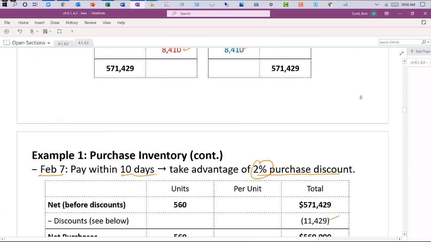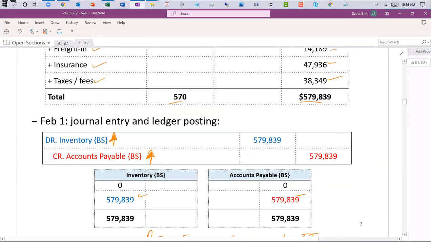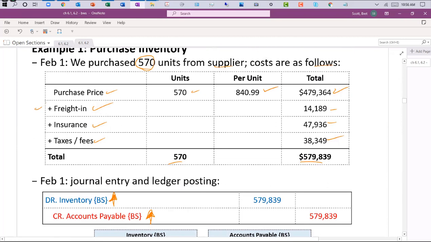So this brings up a point that someone had talked about in previous semesters, like, how are all these things arranged? Usually, the manufacturer is the one that will keep the 479. The manufacturer can also take money for the freight in, the insurance, and the estimated taxes and fees. Because if a manufacturer needs us to sell their goods, oftentimes they'll arrange all of these costs into one invoice.